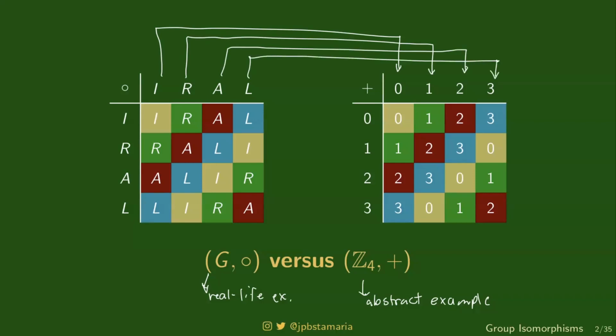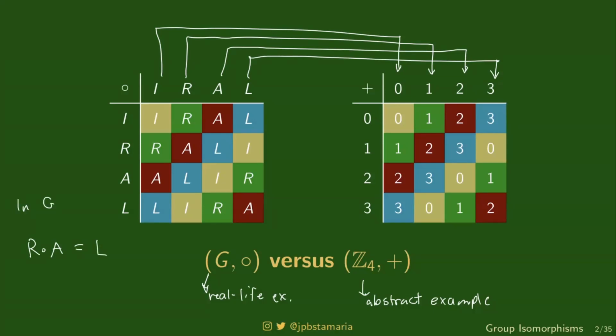Yung pangalawa ang nagbibigay buhay sa pagiging isomorphism. No? In the sense of the following. Halimbawa, if I multiply R times A in the group G, R times A is L, correct? Tama?